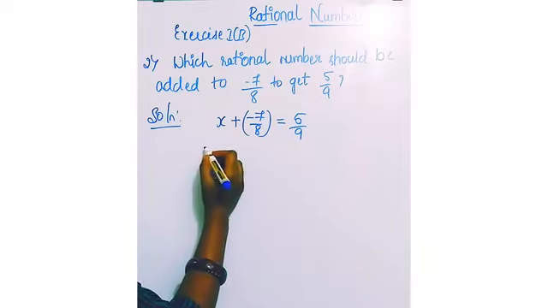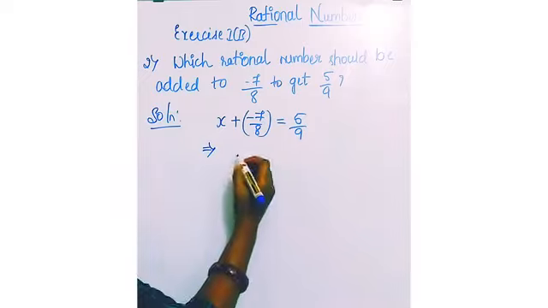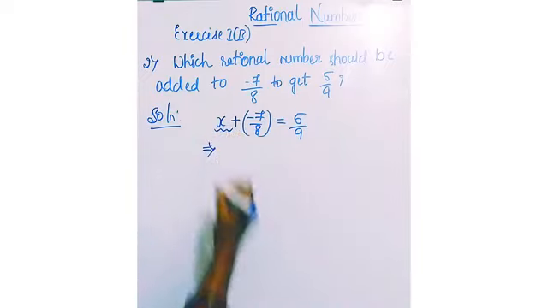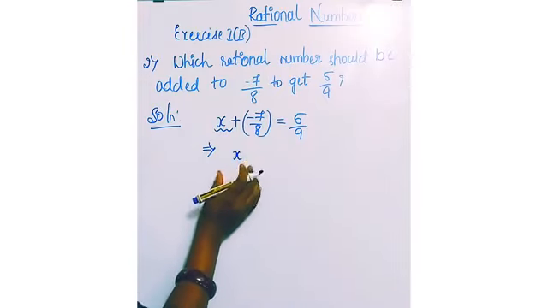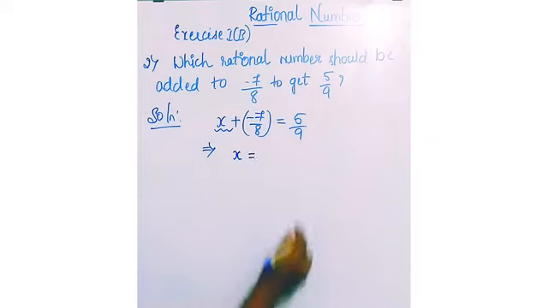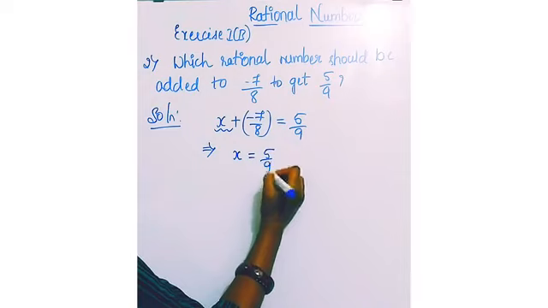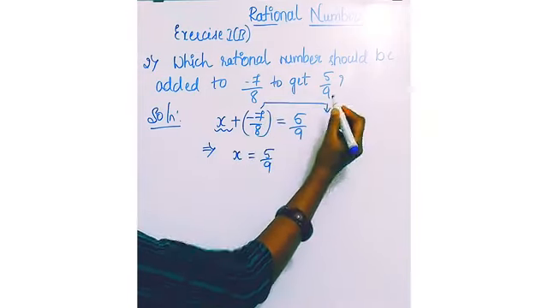Watch the complete video. Let's start. We need to find the value of x, so retain x on the LHS and put an equal sign. In the RHS, the first number is 5 by 9. Then we need to shift this number to this side.